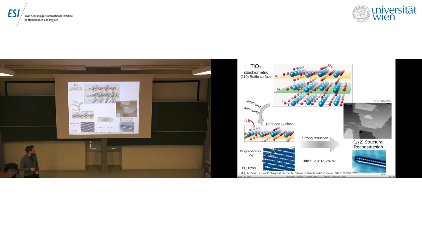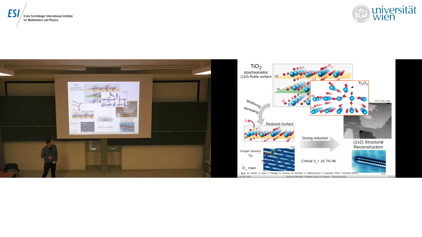After that, the system changes phase and goes to a 1x2 phase, and these stripes appear, which can be modeled by this titanium-2 oxygen-3 model. But if you calculate the energy with density functional theory, you never find this structure to be stable unless you consider the presence of polarons.